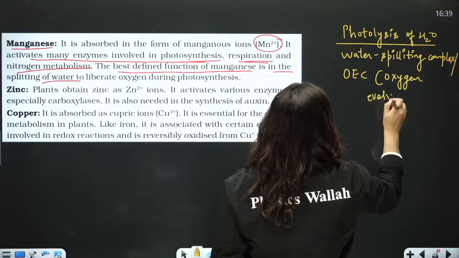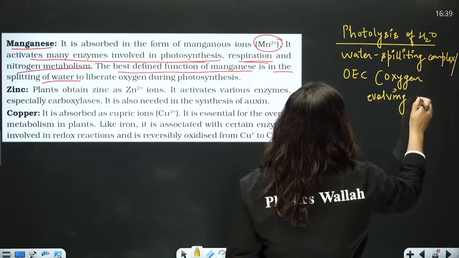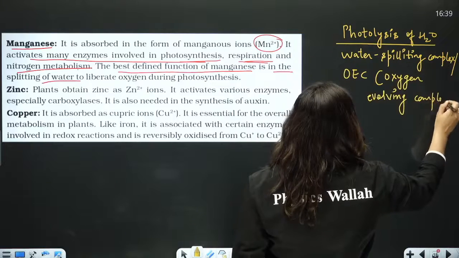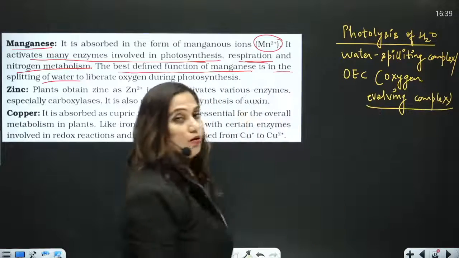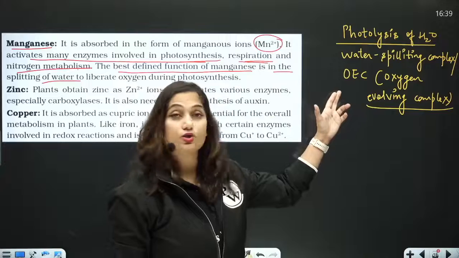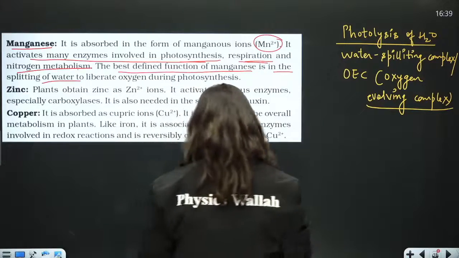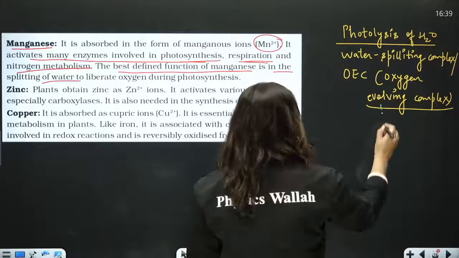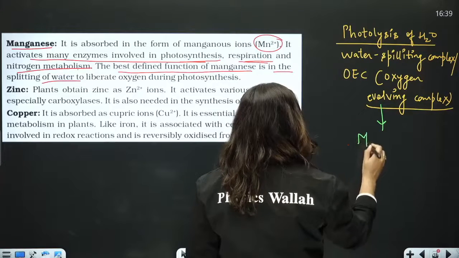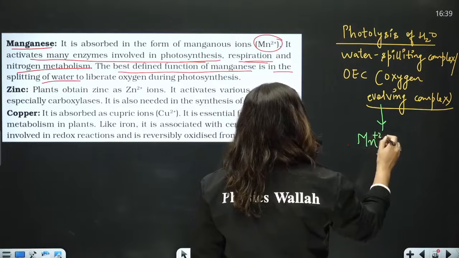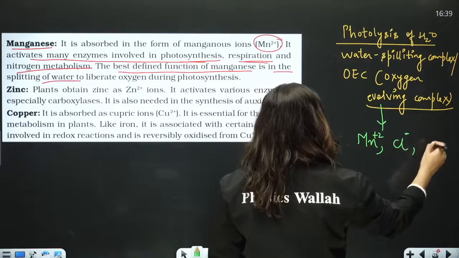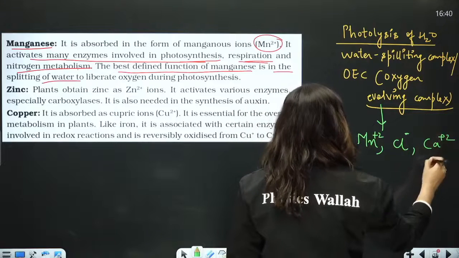This was a question of NEET 2015: which mineral elements form the oxygen evolving complex or water splitting complex. So the answer was manganese, chloride, and traces of calcium.